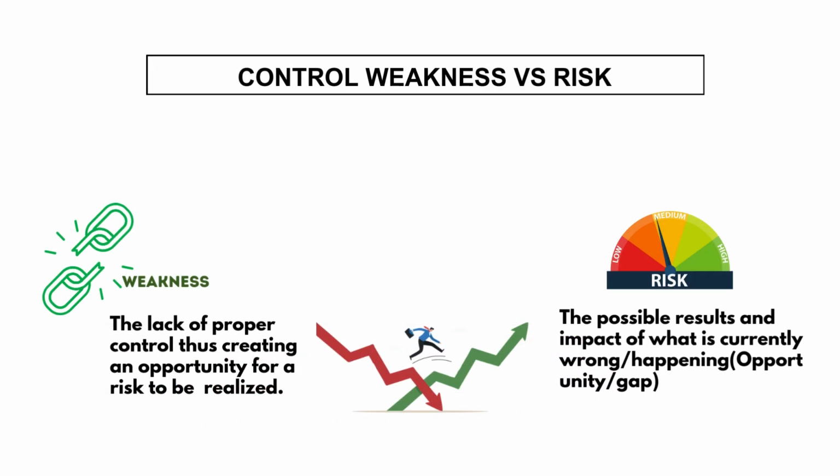What I want to emphasize is that please do not confuse weaknesses with risk. Do not identify the things that are currently wrong in a scenario as being risk, because remember, risk is what could go wrong. Those things that are taking place now are weaknesses, and they are currently wrong. So you cannot be forward looking and say they could go wrong while they are already going wrong.